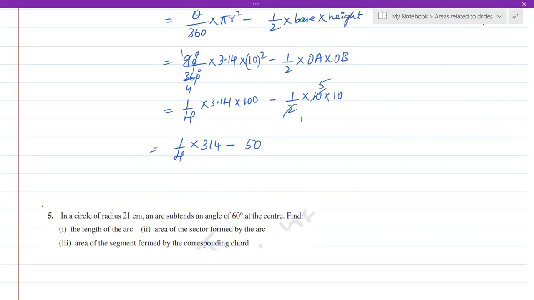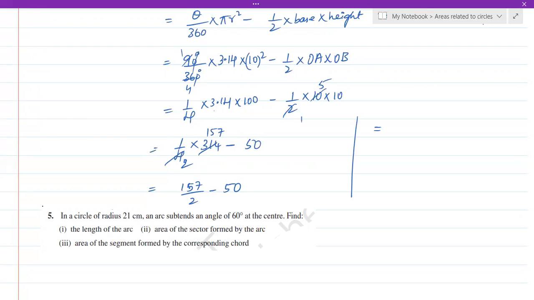Now let's try to cancel this. 2 2s are 4, 2 1s are 2, 1 carry, 2 5s are 10, 1 carry, 2 7s are 14. So what we are left with is 157 by 2 minus 50. Now what is 157 by 2? Half of 157.